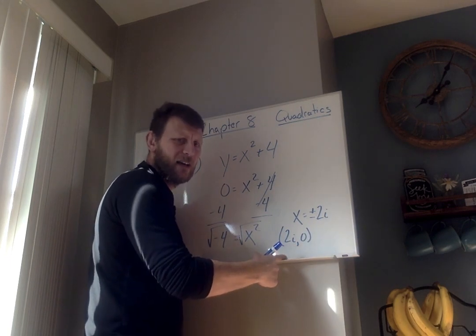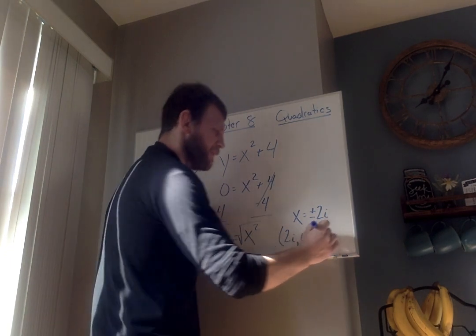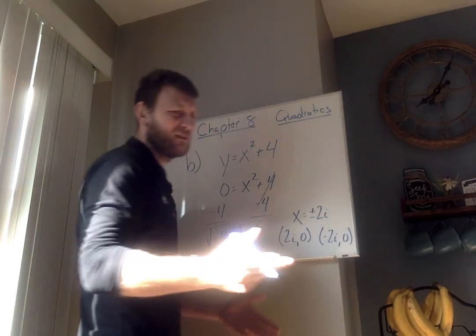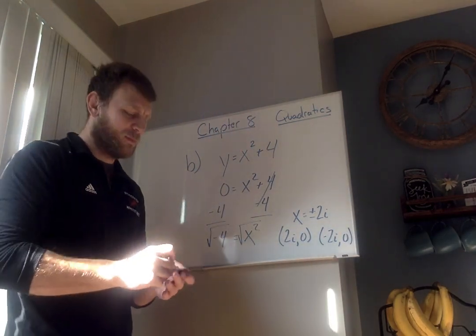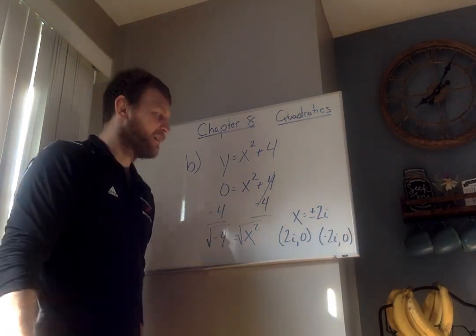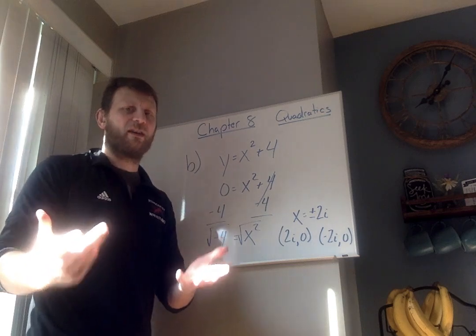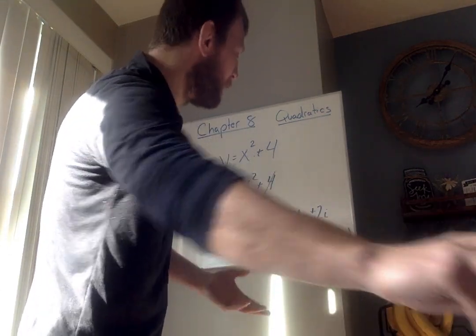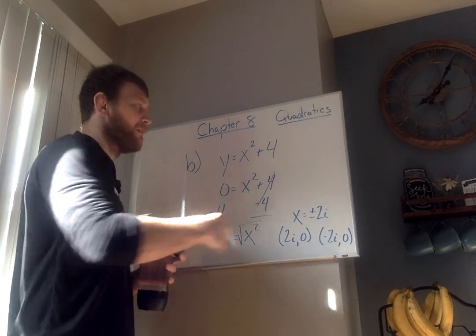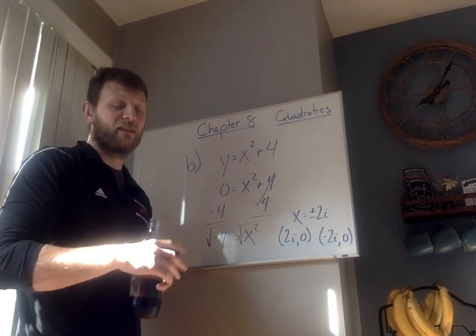That's one intercept, 2i comma 0, and the other intercept is negative 2i comma 0. Oh, this is strange and weird because i is not on my calculator. Well, this means that i stands for imaginary in my mind. So this means I have two imaginary intercepts, meaning this graph never crosses my x-axis.